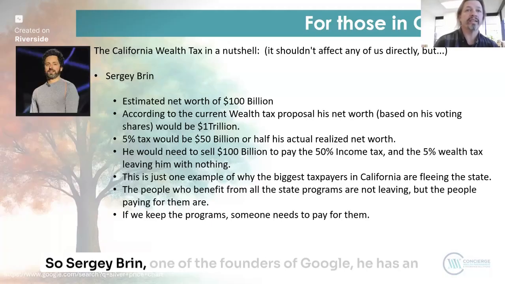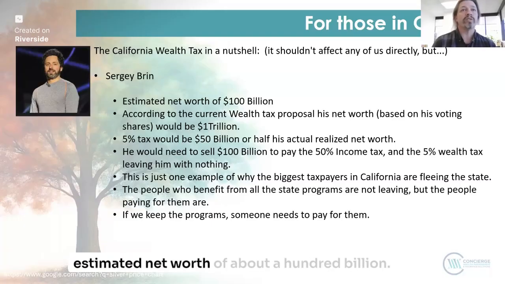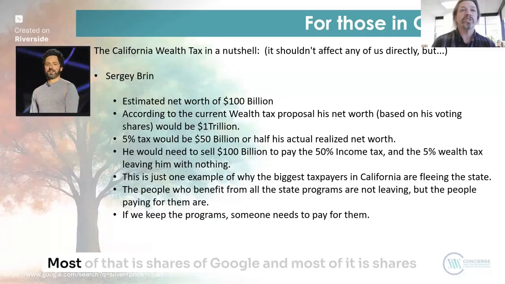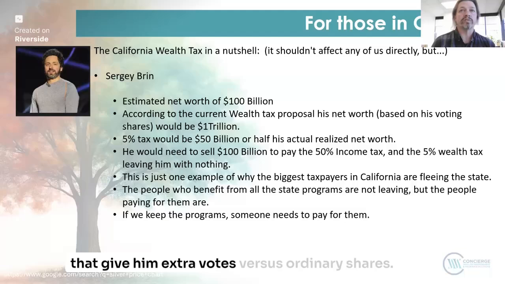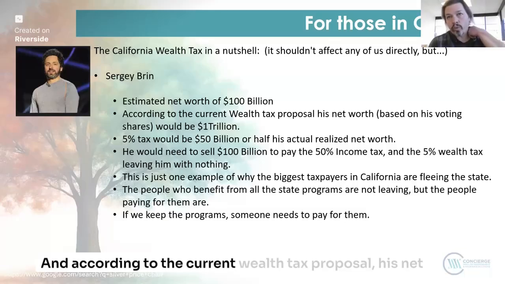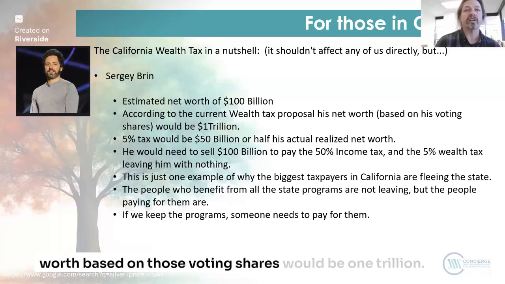So Sergey Brin, one of the founders of Google, has an estimated net worth of about 100 billion. Most of that is shares of Google, and most of it is shares that give him extra votes versus ordinary shares. And according to the current wealth tax proposal, his net worth based on those voting shares would be 1 trillion.